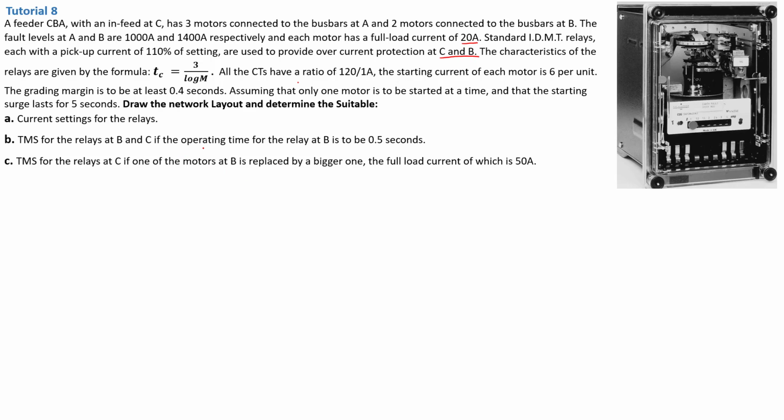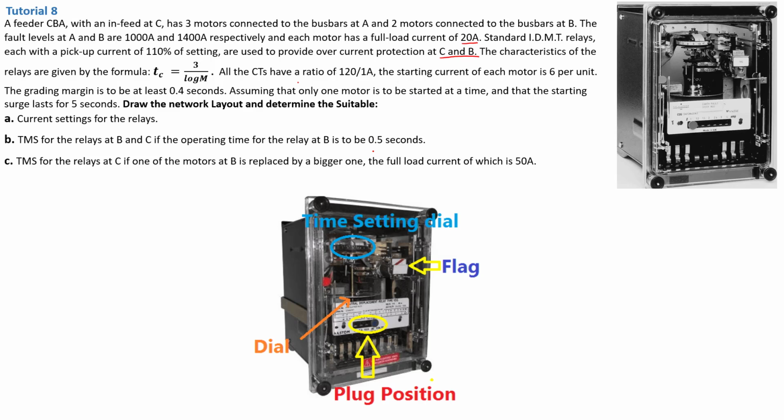The operating time for the relay at B is to be 0.5 seconds. So now you've got a different operating time for the relay at B compared to the relay at C, where we have a grading margin of at least 0.4 seconds.